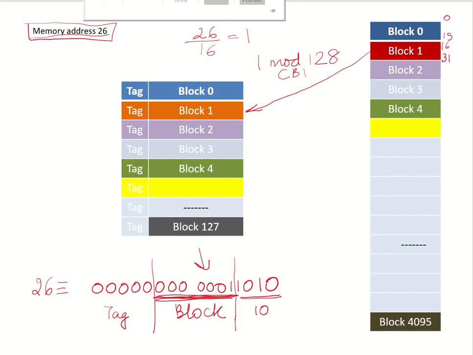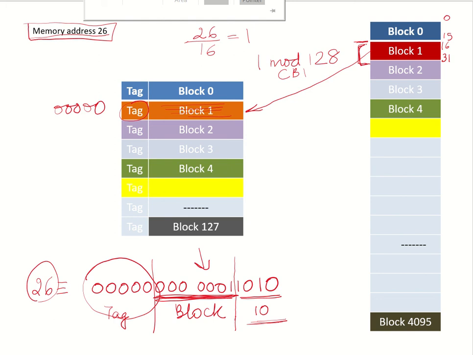If the base is at 16, 26 will be the 10th word from there. So the whole block will be transferred to block 1 of the cache, and all the data will come over here. Only the tag bits will be stored over here as 0, 0, 0, 0, 0, the high order 5 bits of the address.